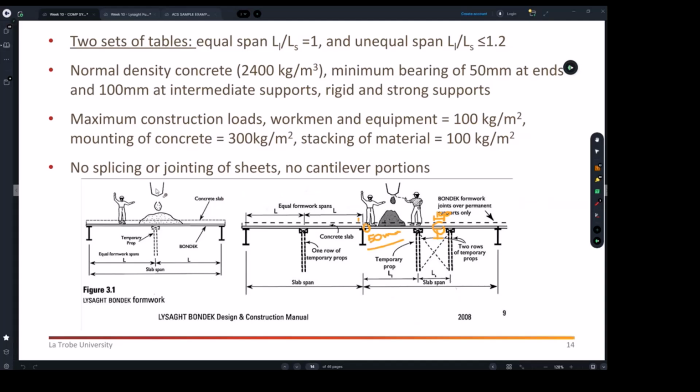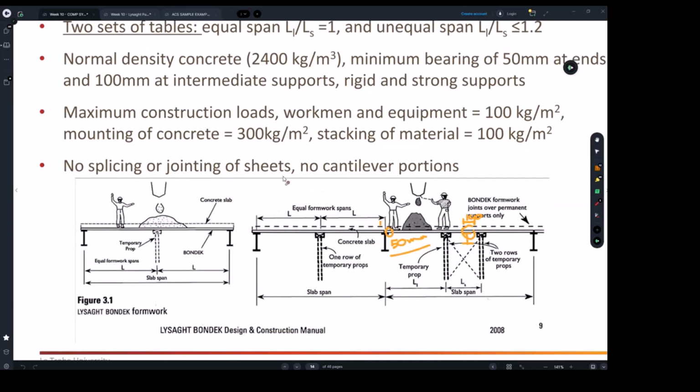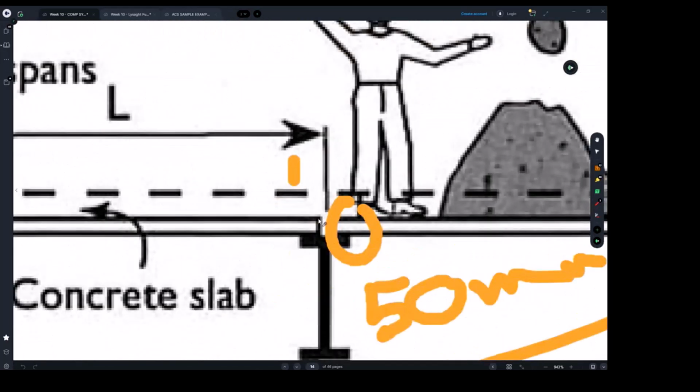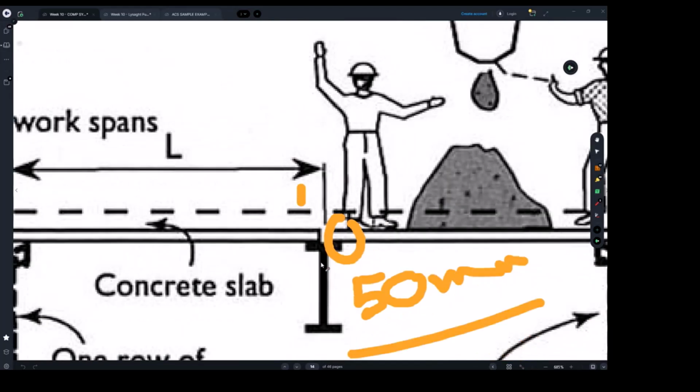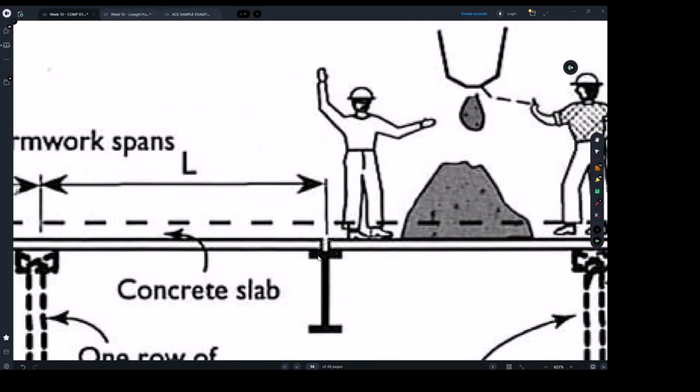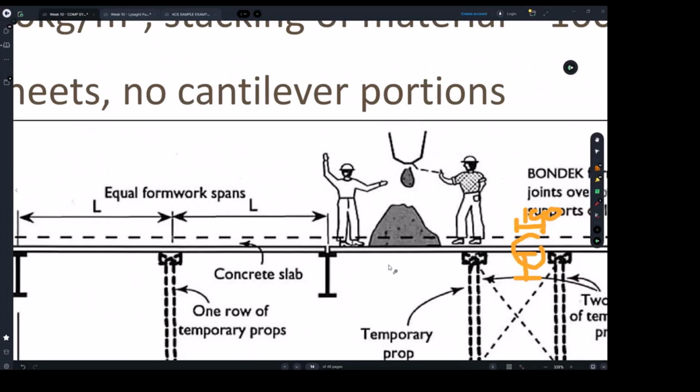No splicing or jointing of sheets. There are no arrangements where you say, I'm going to be welding things here or doing any arrangement. This is unachievable unless designed for specific purposes and reasons by the engineers. You cannot splice it and then claim it's going to be continuous.